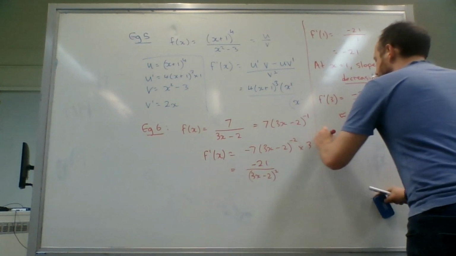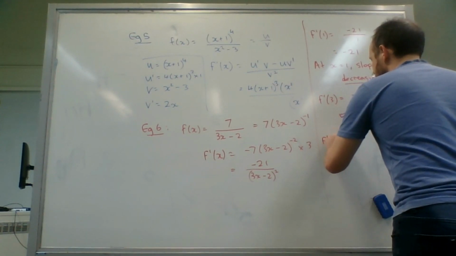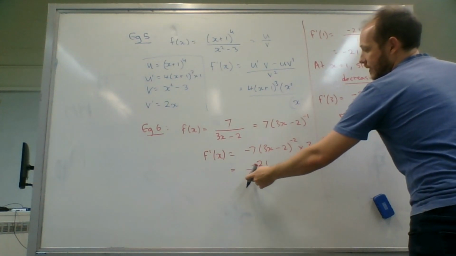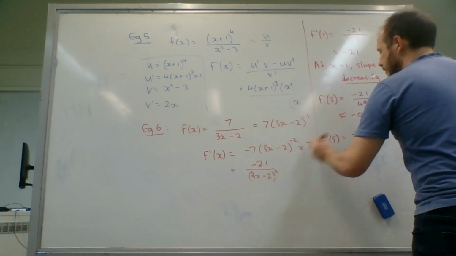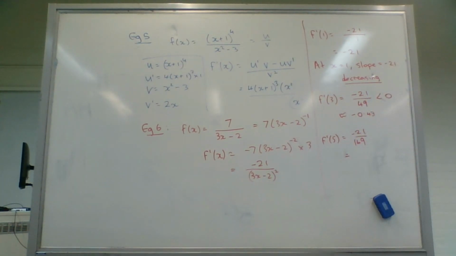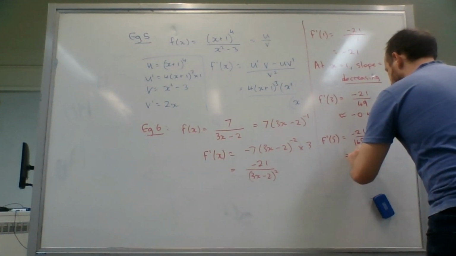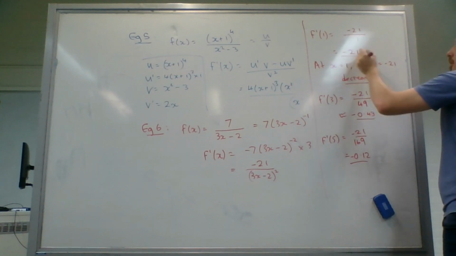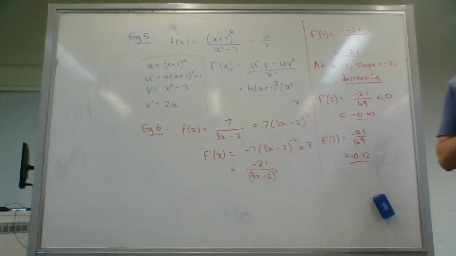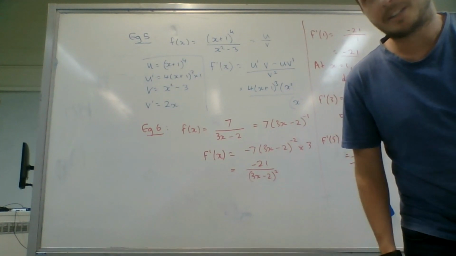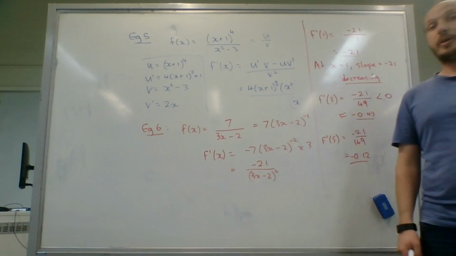Okay. And as we keep going, f dash, let's say 5, this will be minus 21, substitute in 5, 3 times 5 is 15, minus 2 is 13, squared is 169. Okay. And as a decimal, this is negative 0.12. So we can see that the slope is decreasing. Or we could actually say the slope is increasing because it's getting more positive.